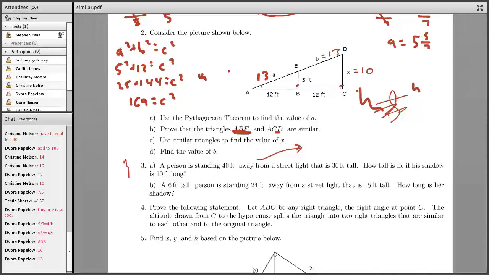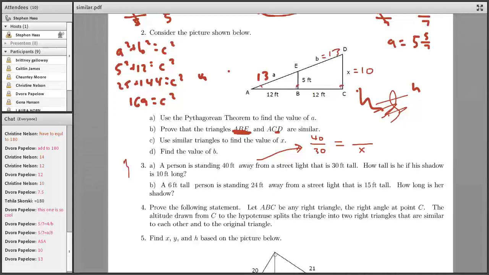Well, we know the ratio is standing 40 feet away from a light that's 30 feet tall. So let's say 40 is to 30. We're using the ratio of feet away to feet tall. So that equals, well, we don't know how tall the person is. So for the tall part, we'll use x.